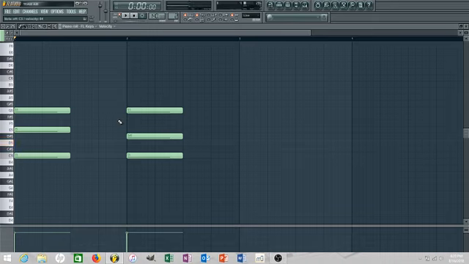Now, to get a major third, there are two ways to think about it. The one way, which I actually prefer, is to think of it as being two whole steps away from whatever note you're starting on. In this case, we're starting on C, so two whole steps away.